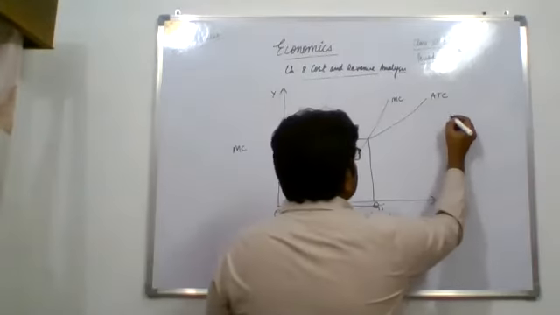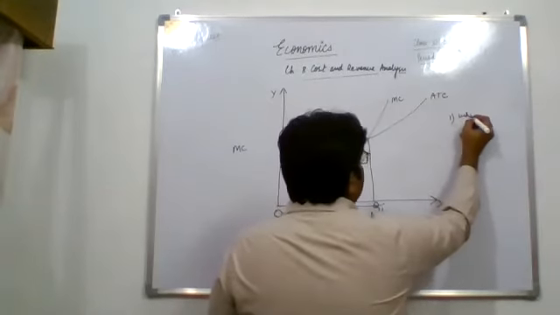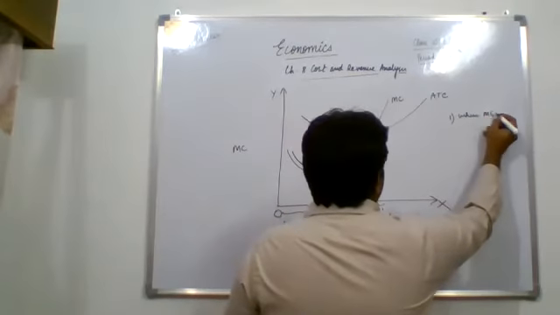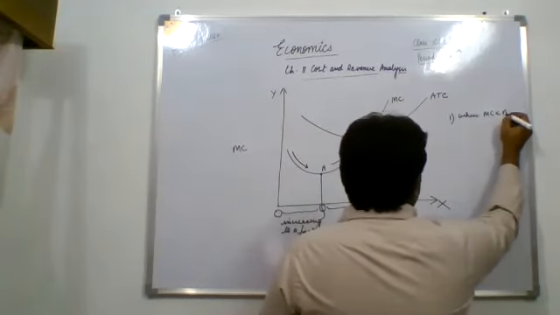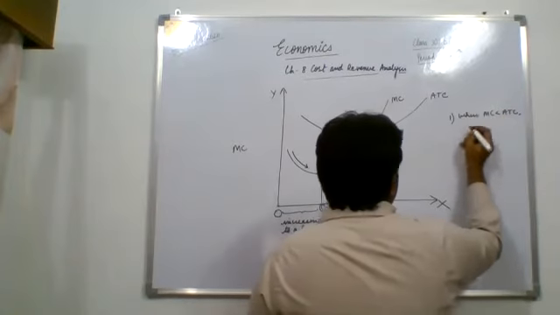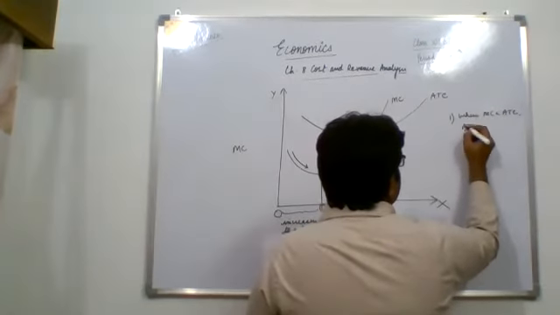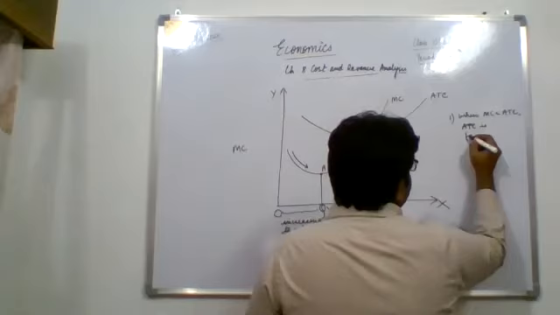The first relationship is that when marginal cost is less than average total cost, my average total cost is falling.